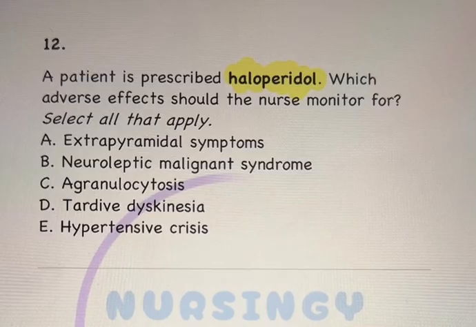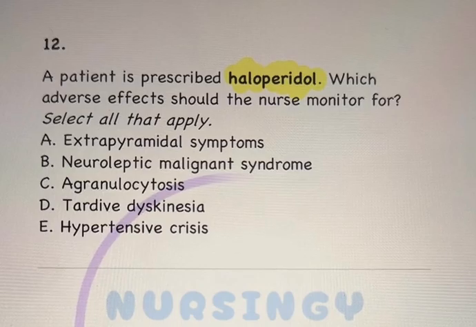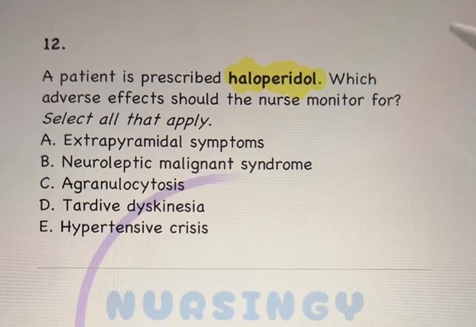It is a first-generation, typical medication. Yes, Ashley, it is typical. It blocks the D2 receptors in the brain, most of them, in the mesolimbic pathway.